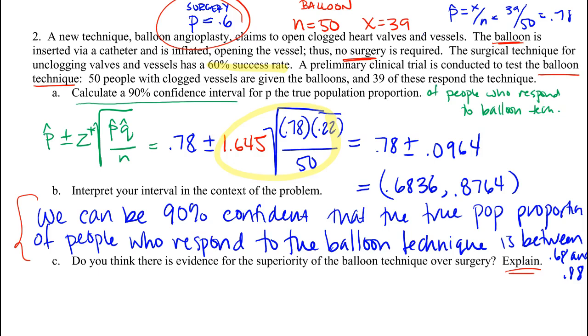Hopefully you'd say, yeah, there is evidence. Because look, we're 90% confident that it's between 68 and 88, which is higher than 60%. So no matter what my P is, if it actually falls in my confidence interval, like I hope it does, because that's the point of my confidence interval, it's got to be better than 0.6, right?